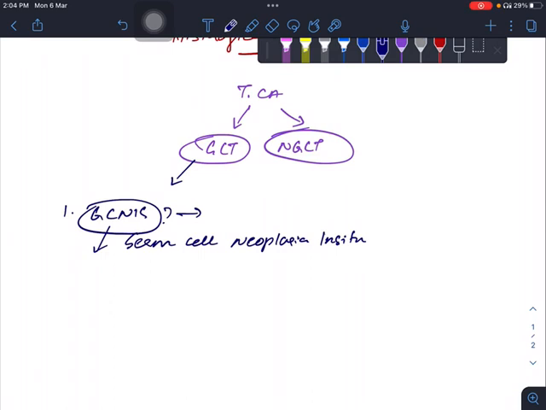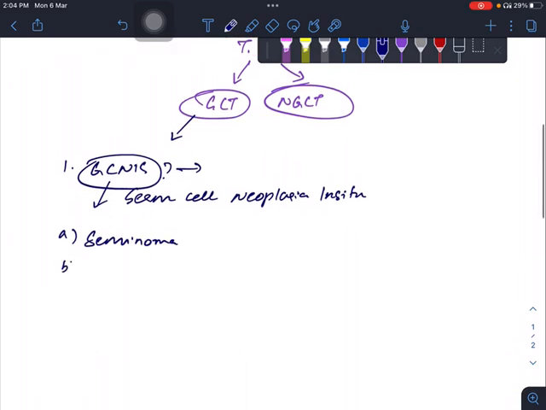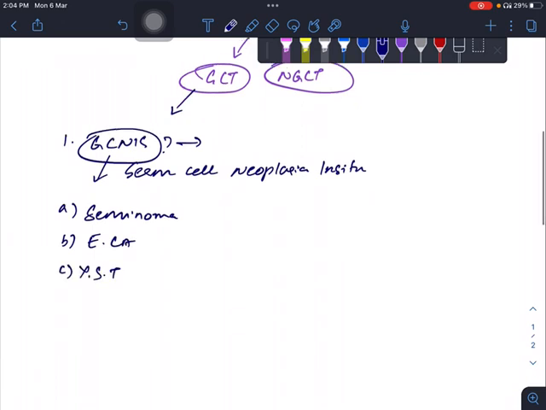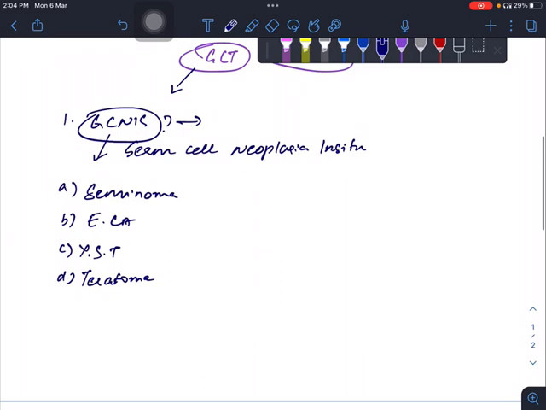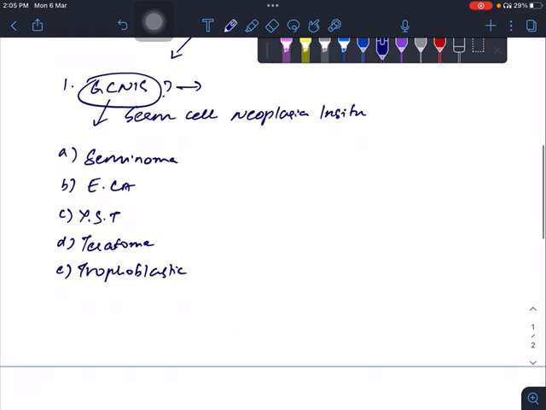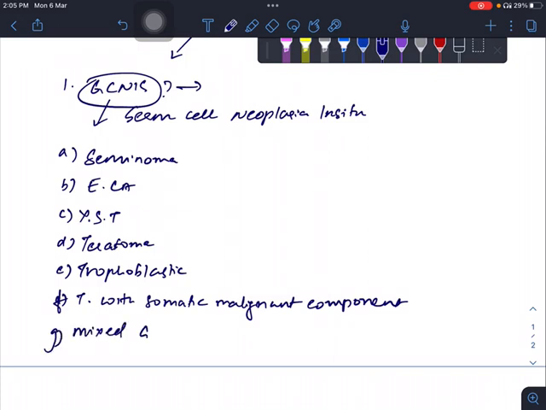So these are important. Seminoma, embryonal carcinoma, yolk sac tumor, teratoma, then trophoblastic tumor, teratoma with somatic malignant component, and then comes the mixed germ cell tumors.